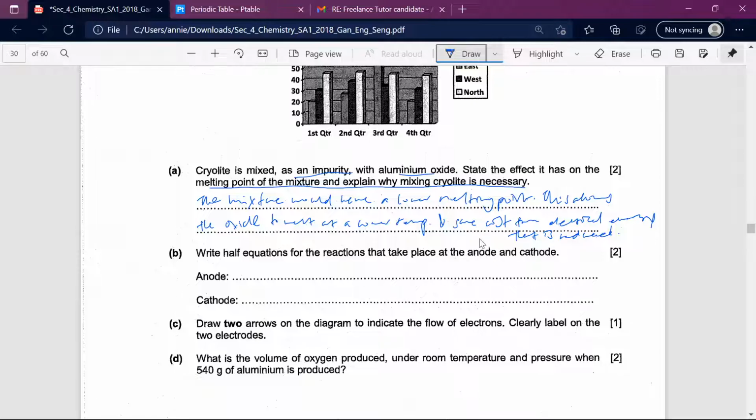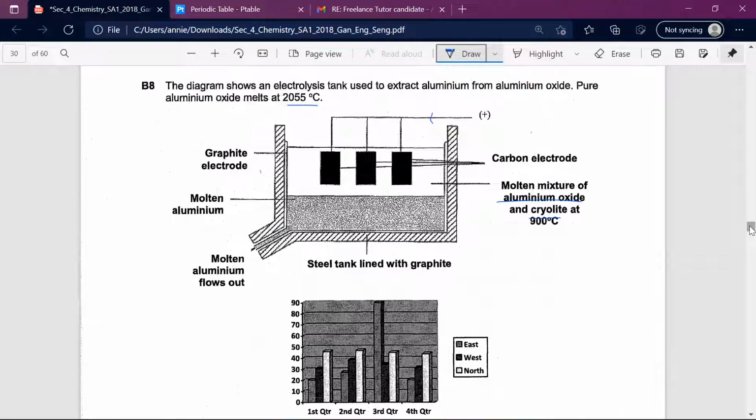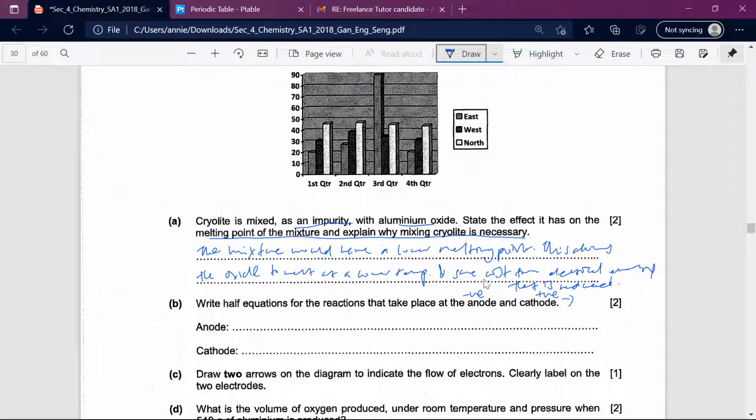So the anode will attract the negative anions, and the cathode will attract the positive cations. So the cations will be the aluminium and the negative. Okay, the positive will be the aluminium, and the negative one will be the oxide ions.